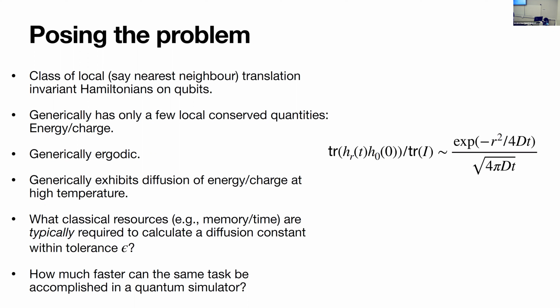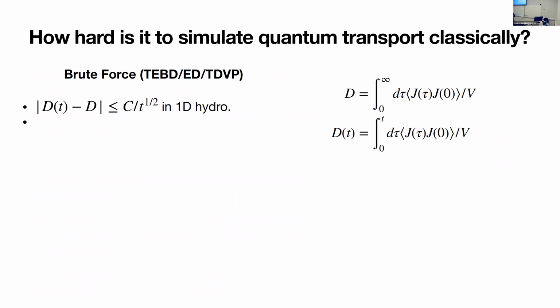Another side question, which I'll only briefly allude to in this talk, is, supposing that we have a good quantum simulator, how much better might we be able to do using that quantum simulator? Although I won't talk about that too much today. All right. So what kind of classical resources do I need in order to get my diffusion constant to within some tolerance epsilon? That's the question I'm asking.